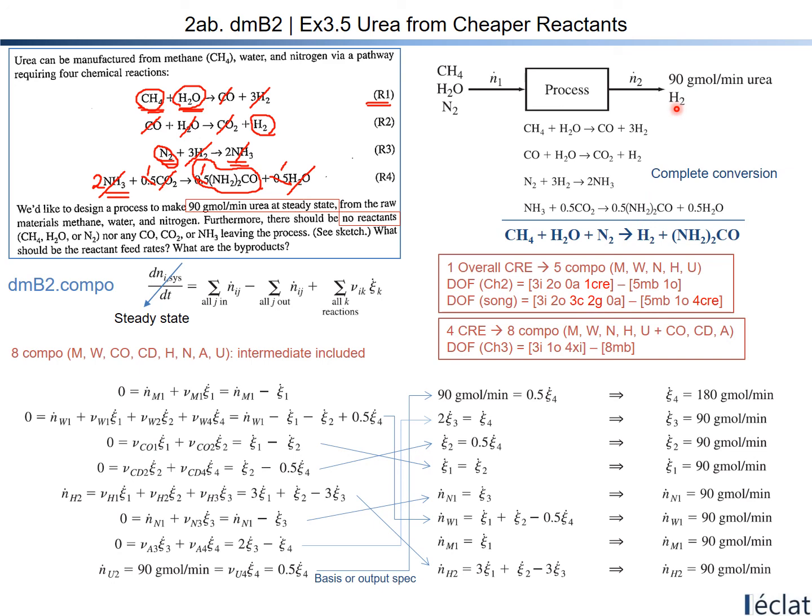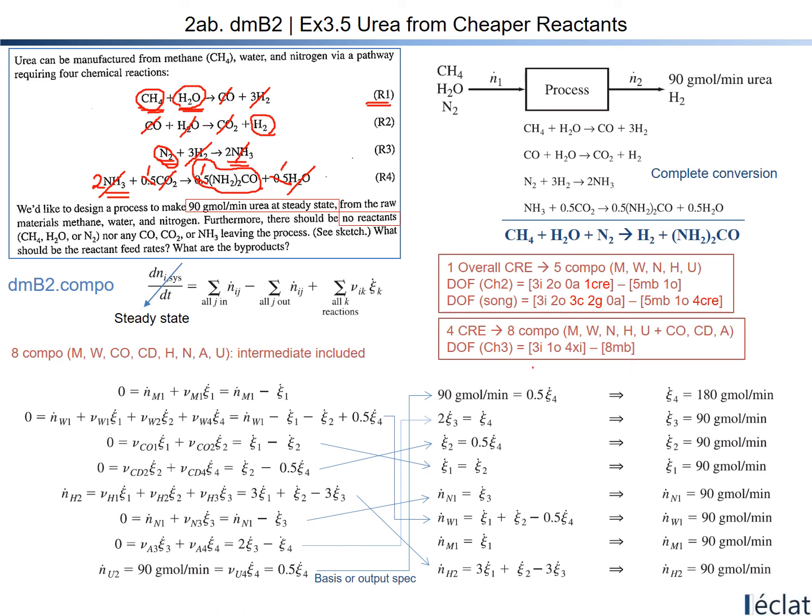This is the hydrogen flow rate in the stream 2. So total number of freedom is 8, and we have 8 mole balance equations, so it is going to drop. It is another or alternative way to count the degree of freedom. Or you can say like that.